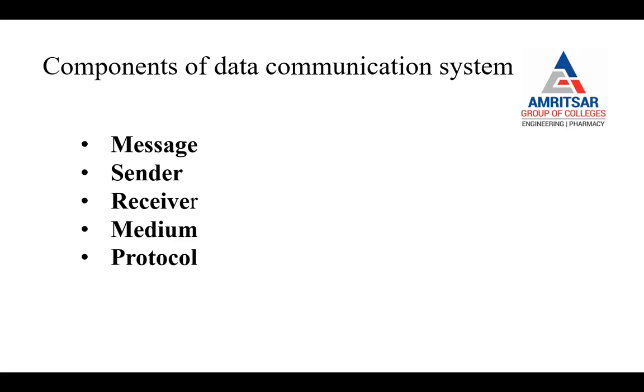The medium can be wired, like twisted pair, coaxial cable, or fiber optic cable, or wireless, like radio waves and microwaves. And last, the main part, is the protocol. A protocol is a set of rules that governs the communication between devices.